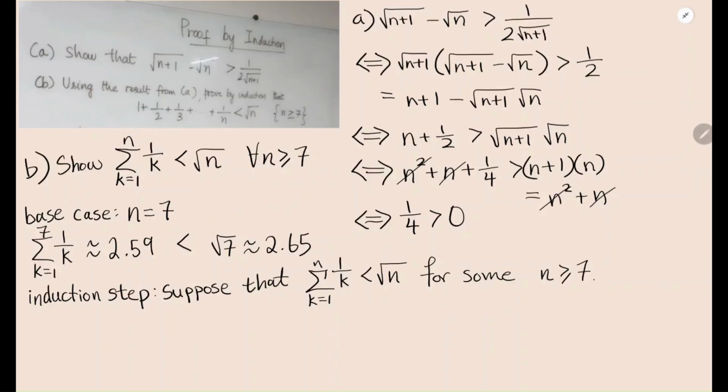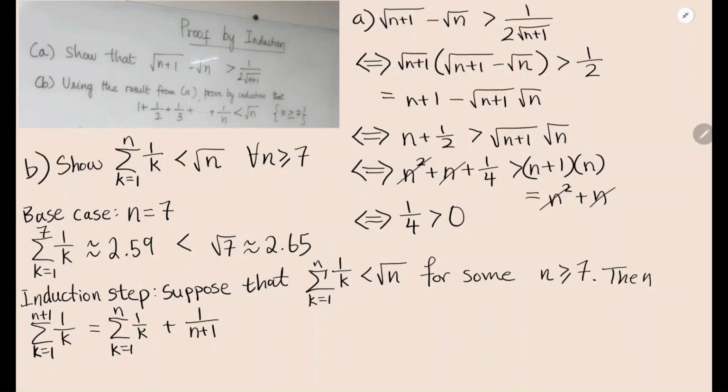Once we have this, then let's look at the sum from k equals 1 to n plus 1 of 1 over k, because the induction step is talking about the n plus 1th term. Should probably put capital letters here. This is going to be equal to the sum from k equals 1 to n of 1 over k plus 1 over n plus 1.